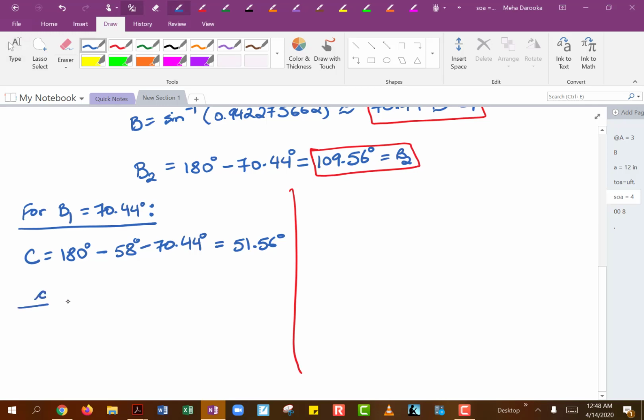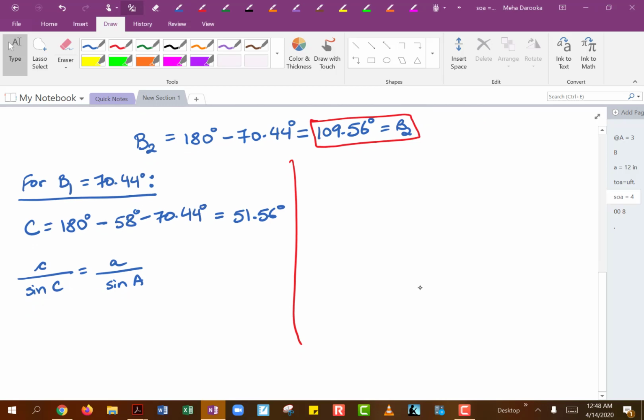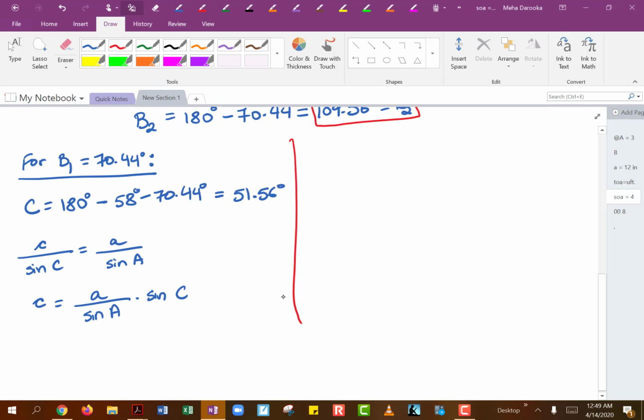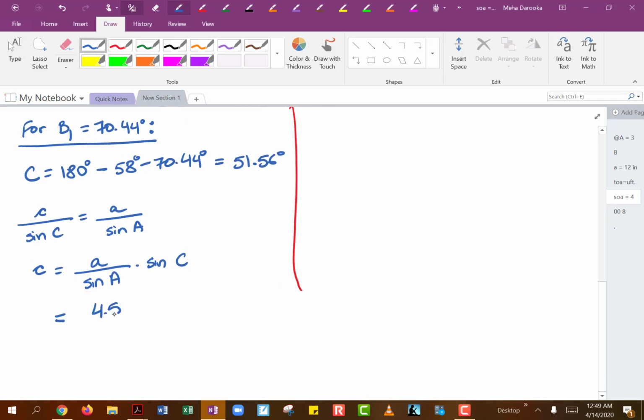Now that we have our angle C, we can find our side C. That would be side C over sine of C equals A over sine of A. Multiply both sides by sine C, so you get A over sine A multiplied by sine C. Side A is 4.5 feet, so 4.5 over sine of 58 degrees multiplied by sine of 51.56 degrees, and let's see what that comes out to be.